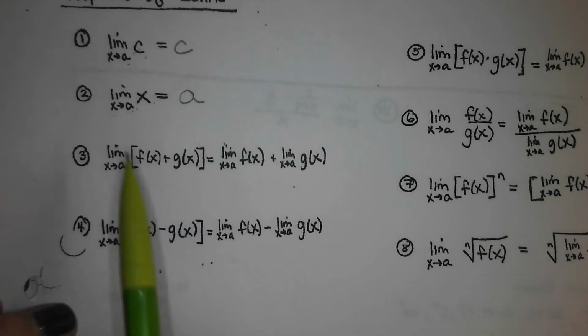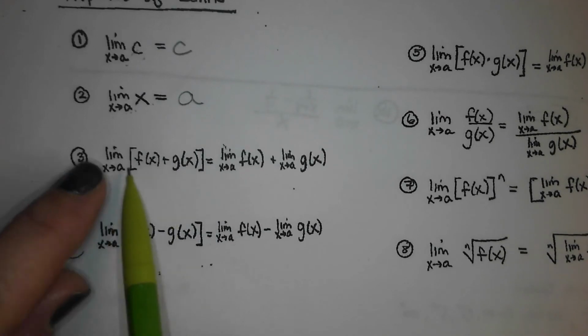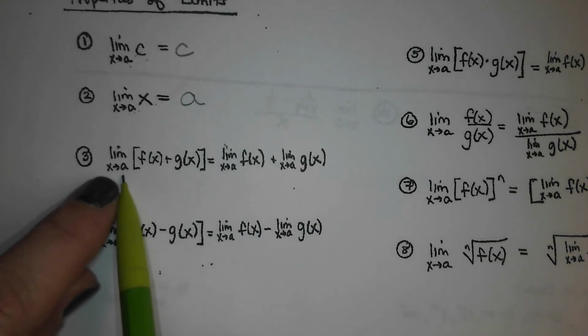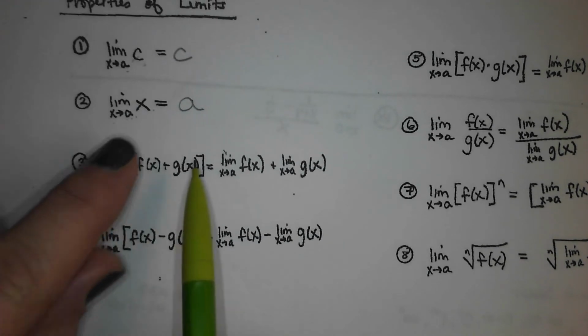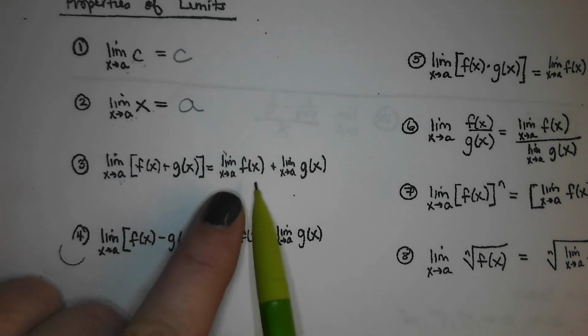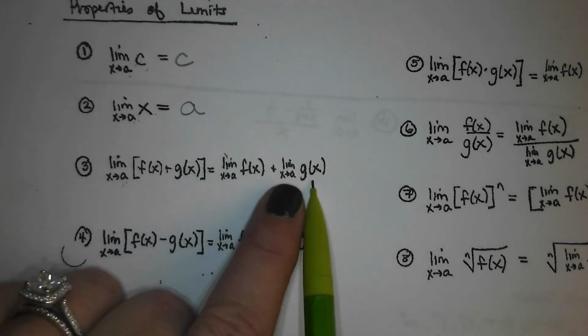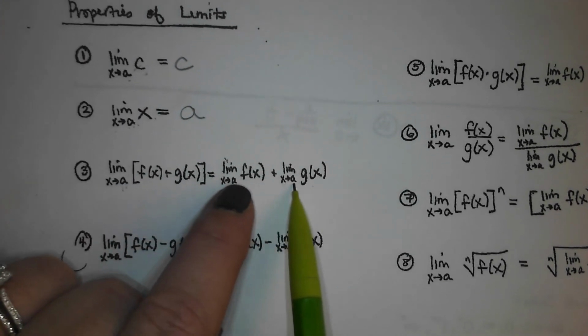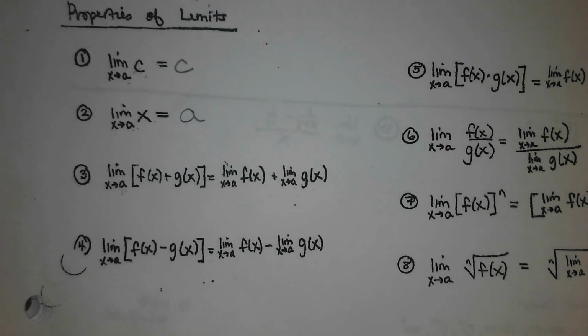Okay? If you have a limit that you're looking for, in this case x approaches a, of two functions added together, you take the limit of each one of them separately as they approach that a value and then just add it together. It's not distributing, but I get why it would look like distributing.